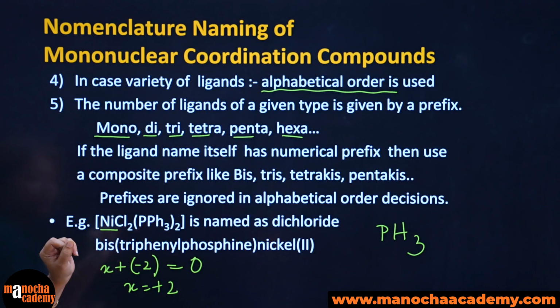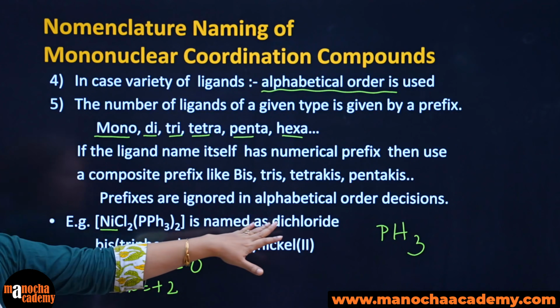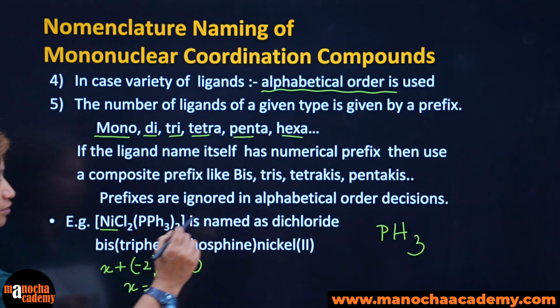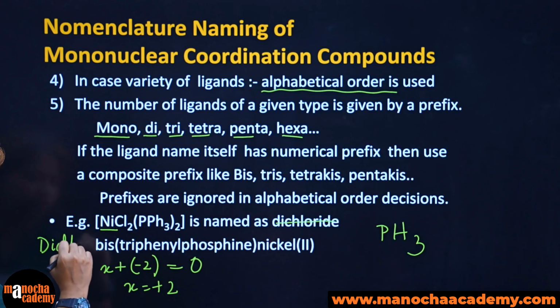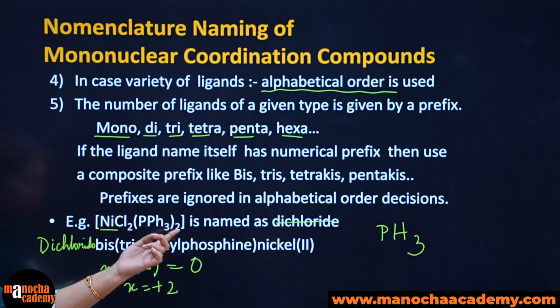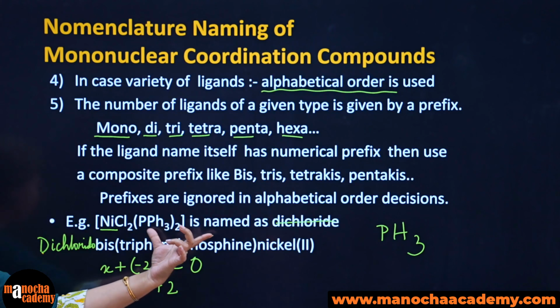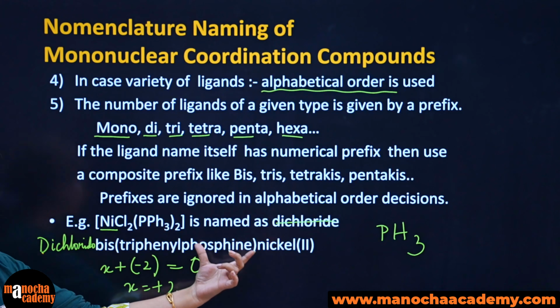Now the name should start from here. It will become dichlorido. In alphabetical order, we don't take these prefixes, we take the name of the ligand. So dichlorido, then 2 means here bis, within the bracket the complex ligand triphenylphosphine.